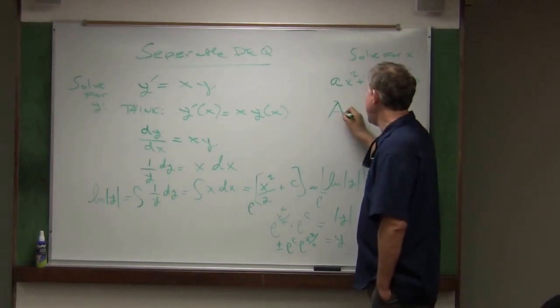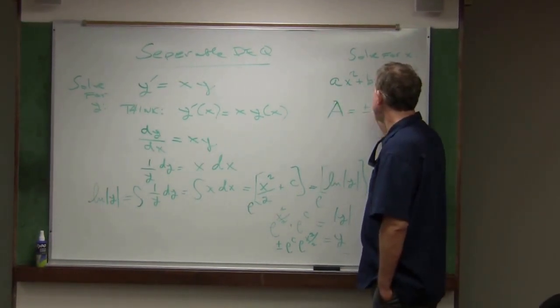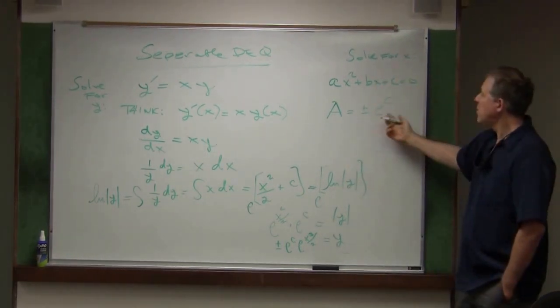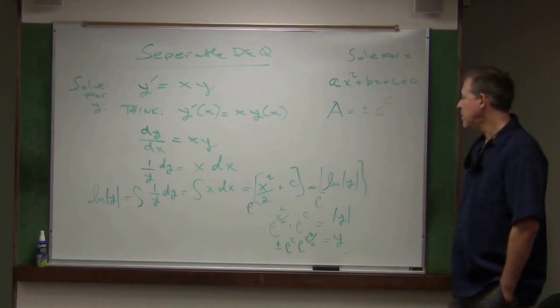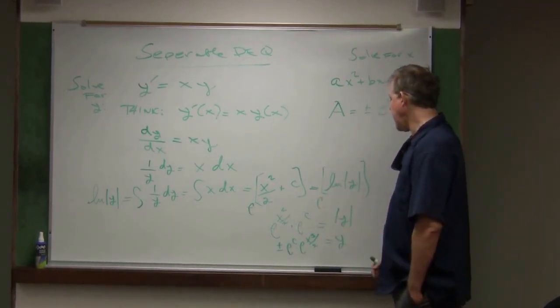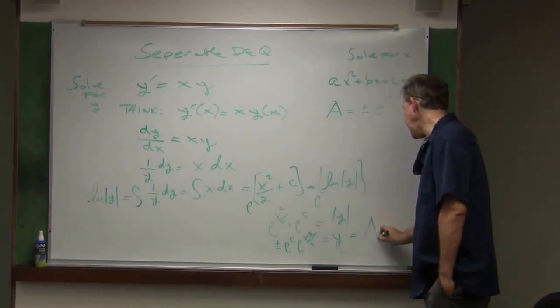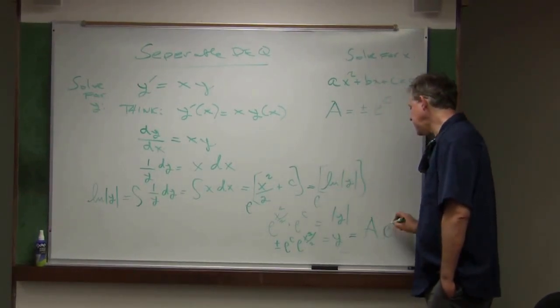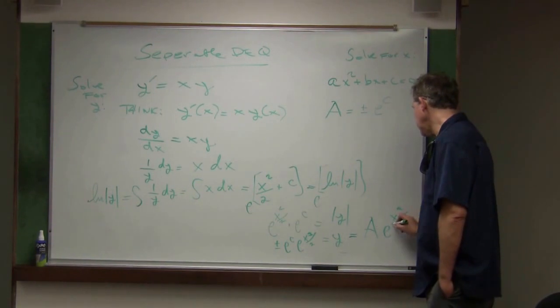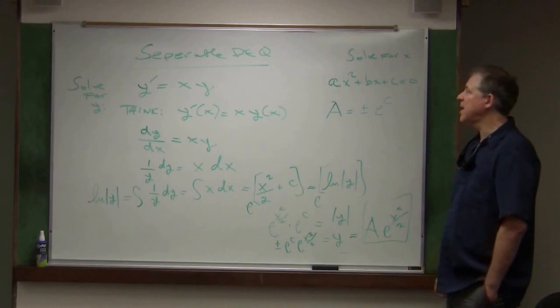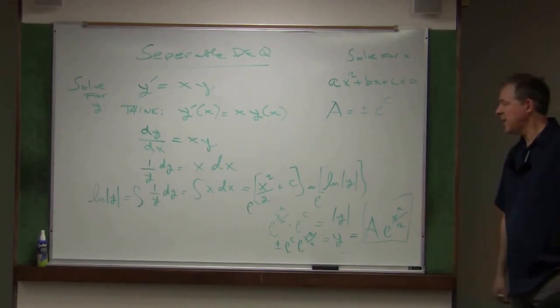So let's have big A be plus or minus e to the c, because c can be anything, and we'll say that y can be A times e to the x squared over 2. And that's the solution. And you can check it by just differentiating it, right?